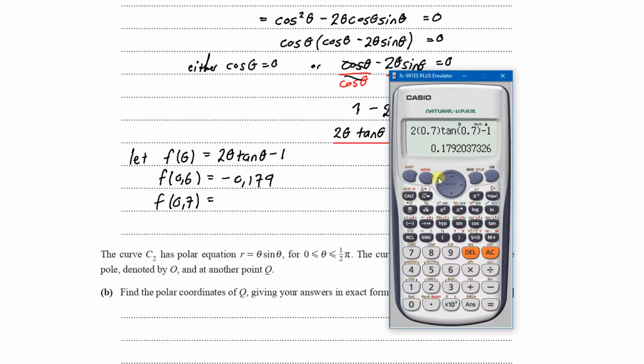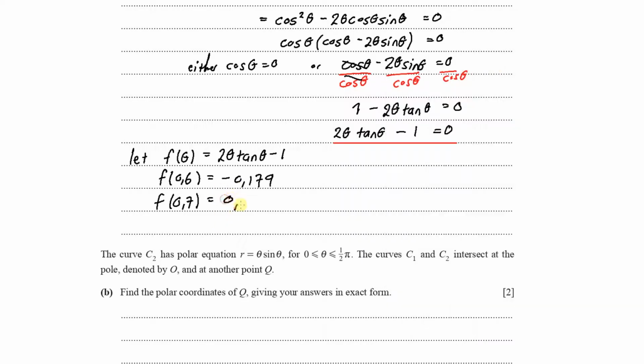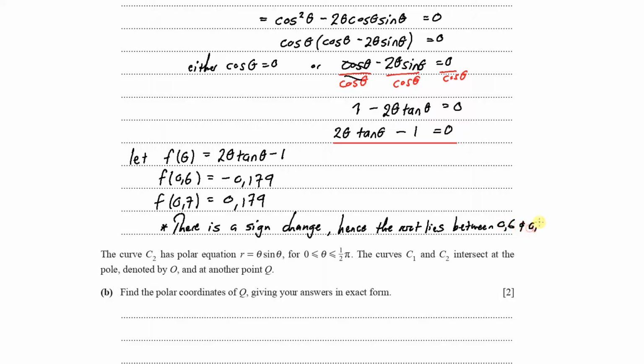And what we get is 0.179. So here we can see that there is a sign change, and hence it means that the root lies between 0.6 and 0.7. So that's how we do it.